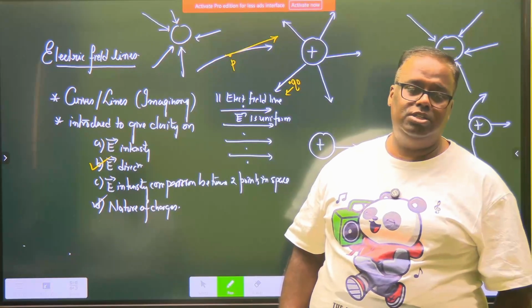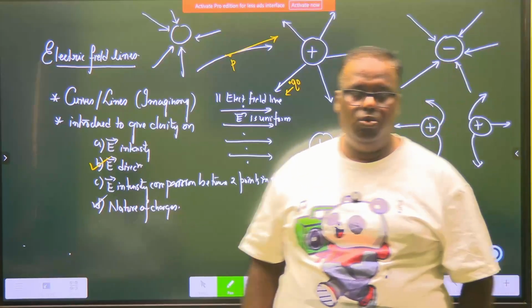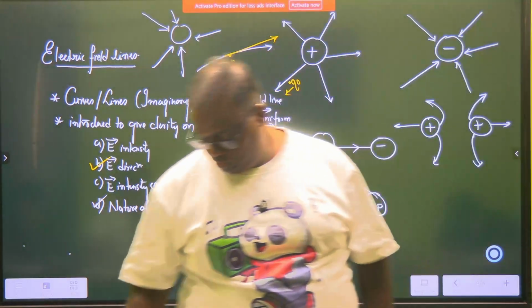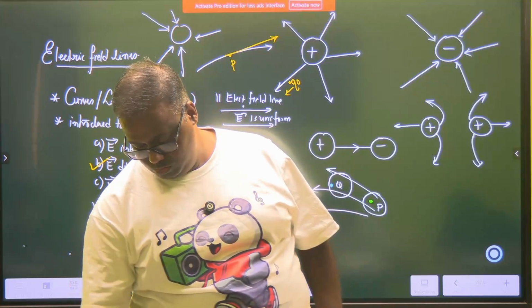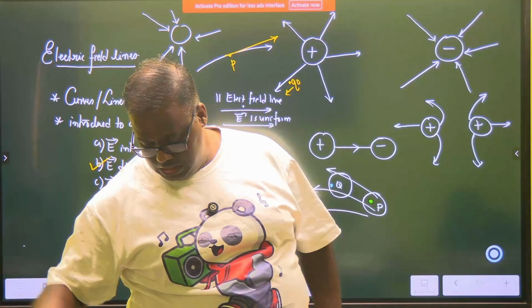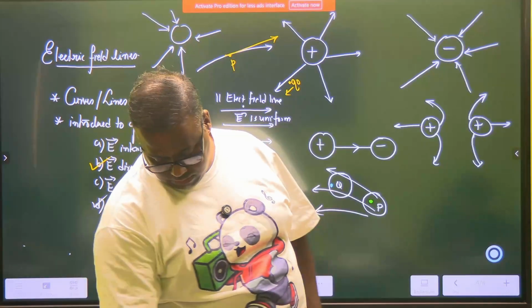So the more intense your electric field is, the more dense would be the field lines, and the denser the field lines, the more intense would be the electric field.